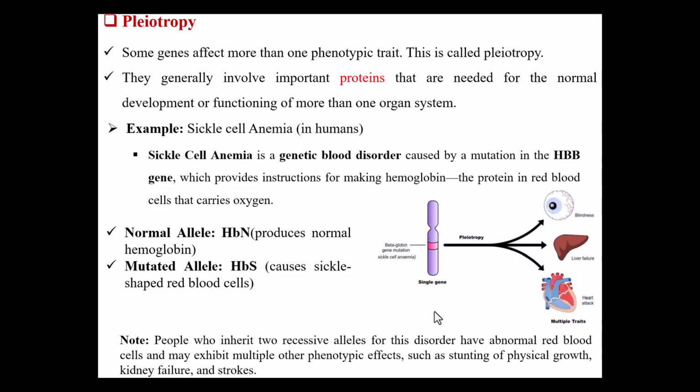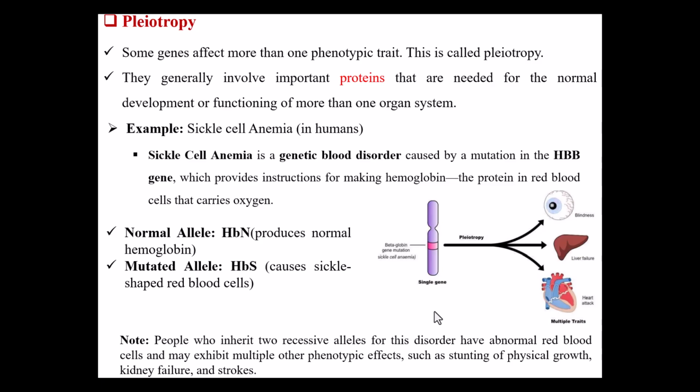Sickle cell anemia means some red blood cells in the human body are sickle shaped and some red blood cells are normal. If we have normal red blood cells and sickle red blood cells in our body, we would be a carrier for sickle cell anemia, which is a genetic blood disorder caused by a mutation in the HBB gene.